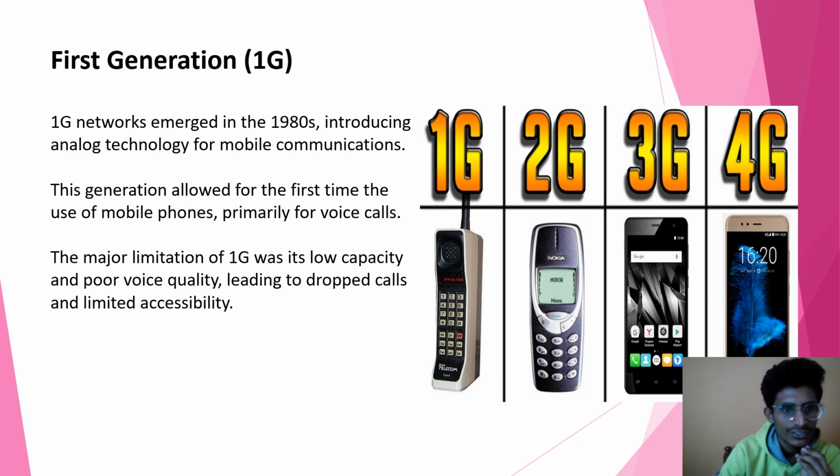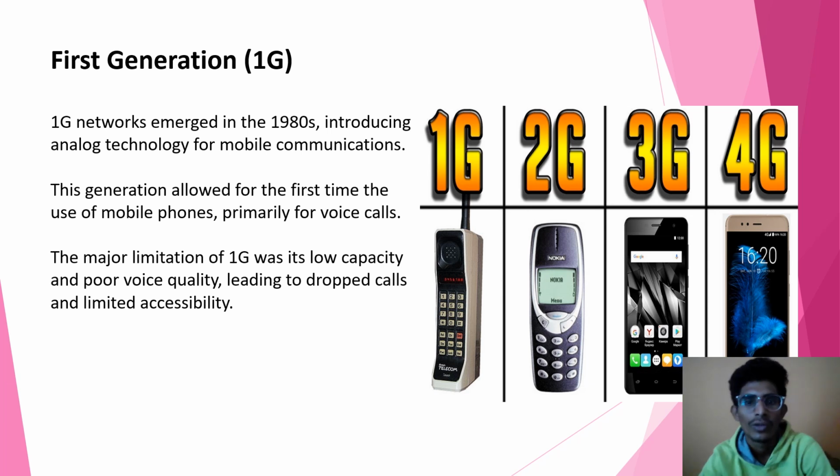The first generation networks emerged in the 1980s, introducing analog techniques for mobile communications. We will see how devices improved from 1G to 2G, 3G to 4G, and 4G to 5G.